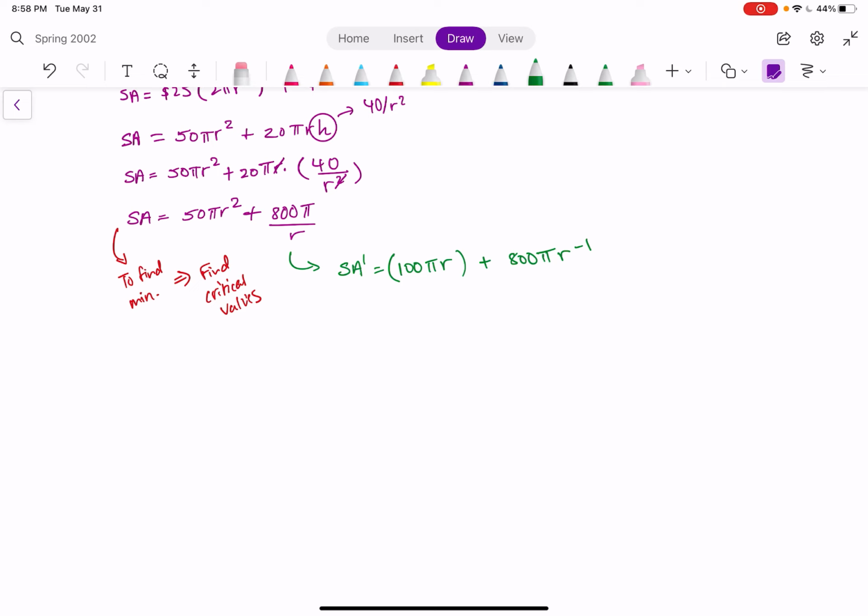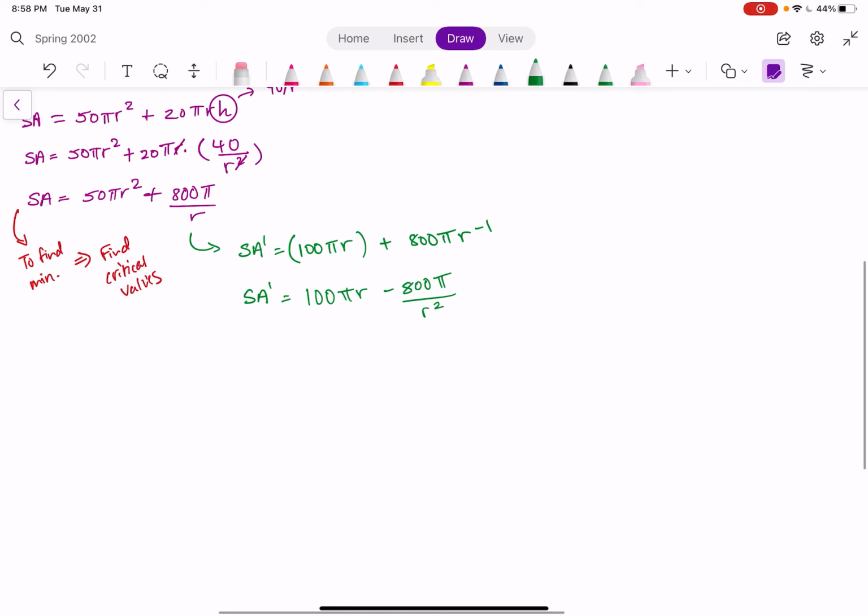So we can bring that to the front, and then we have surface area prime equals 100 pi r minus 800 pi r to the power of -2. And then we can essentially rewrite that as over r squared. So just like that. So we have that now.